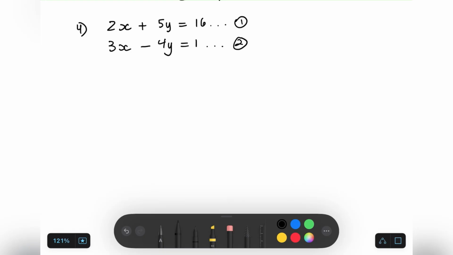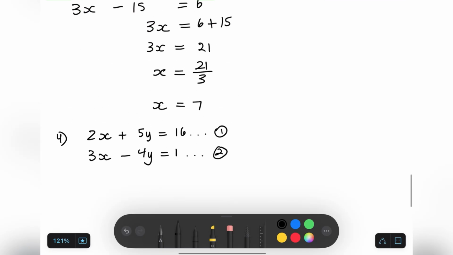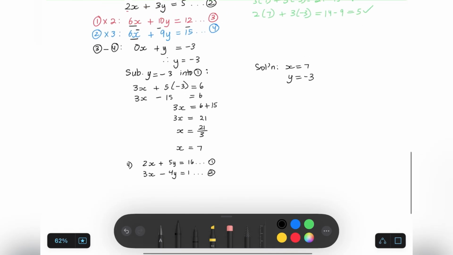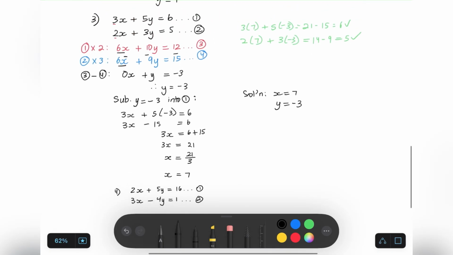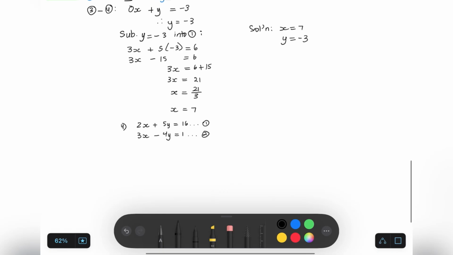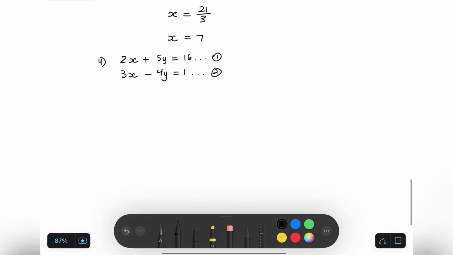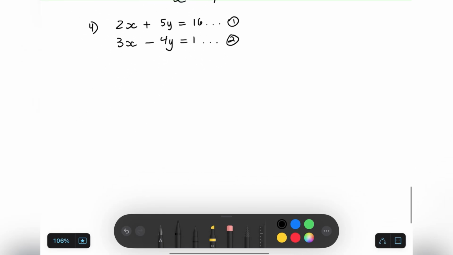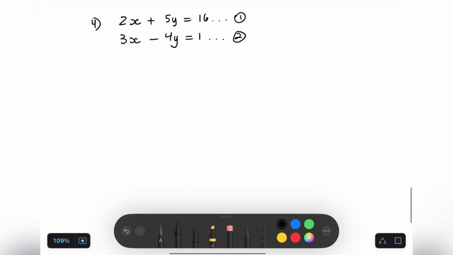This is equation 2. Now in the previous example, I had 2x and 3x, and I knew that I had to multiply by 3 and 2 to get 6x, right? But since we did one like that already, let's eliminate 5 and 4 instead, right? So the LCM of 5 and 4 is 20.